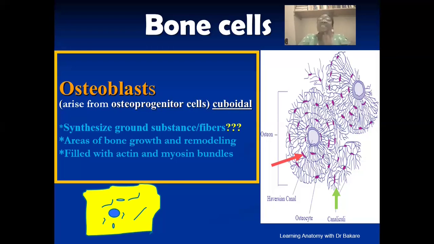The non-mineralized extracellular matrix is the osteoid, and it is basically made up of the ground substance and also the fibers. This extracellular matrix is produced by the cellular component of the compact bone tissue. So you see that this osteoblast, which of course is developed from the osteoprogenitor cells, is responsible for the production of the non-mineralized extracellular matrix.